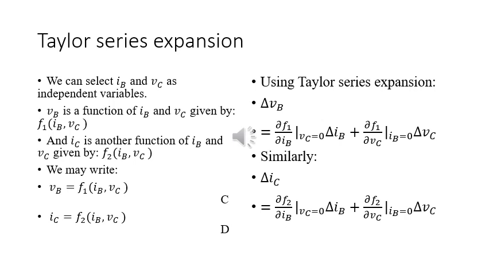Using Taylor series expansion, delta VB is equal to delta F1 by delta IB at VC equal to 0 into delta IB, plus delta F1 by delta VC at IB equal to 0 into delta VC. Similarly, delta IC is equal to delta F2 upon delta IB at VC equal to 0 into delta IB, plus delta F2 by delta VC at IB equal to 0 into delta VC.